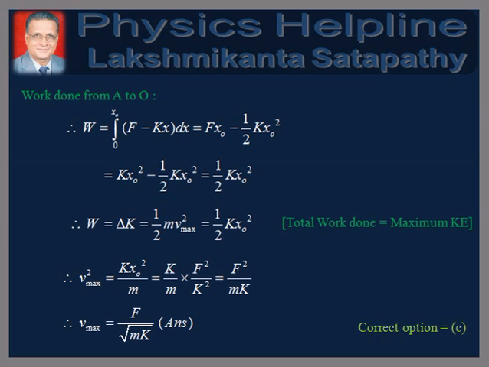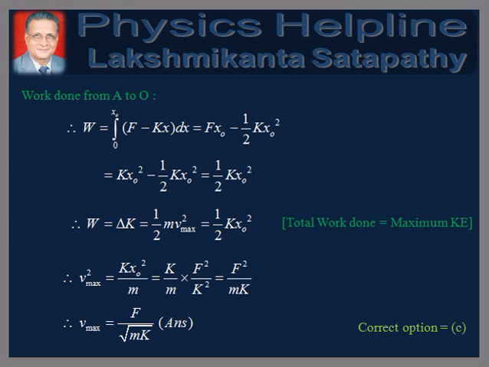Now, work done W is equal to integral of F minus kx into dx between limits x equal to 0 to x equal to x0, which gives W is equal to Fx0 minus half kx0 square. Putting F equal to kx0, we get W is equal to half kx0 square.